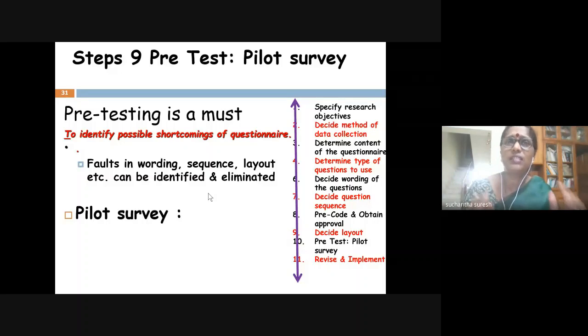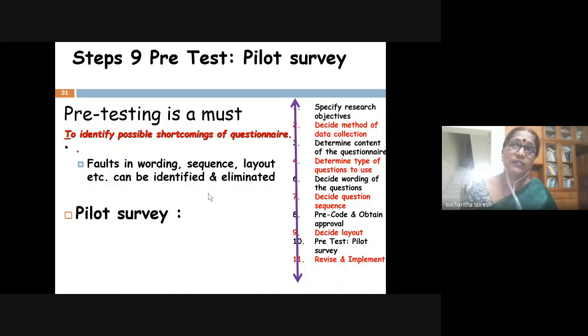It's a small study in the sense that you collect data from a few people, from your respondents only, whether they are college teachers, small vendors, the fisher community, or doctors. Usually, the pilot study has to be done with 10% of the main sample size.